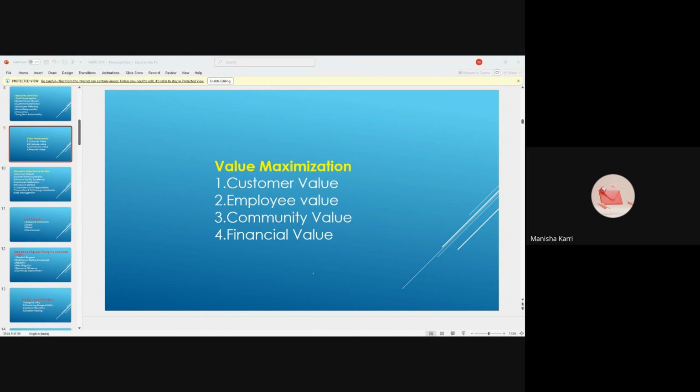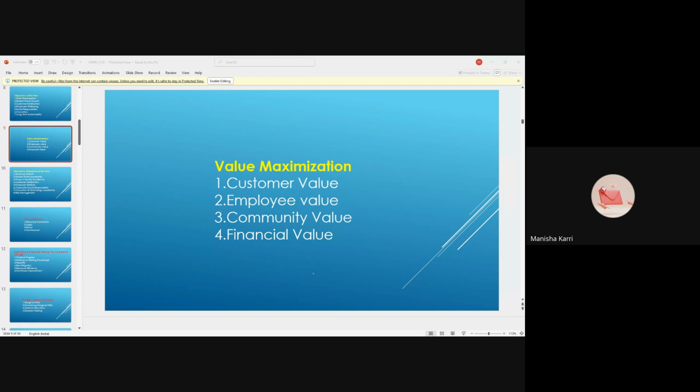They also provide excellent customer service, creating a positive experience for every customer, which is nothing but customer value. Here we are providing good and better services to the customer, which is how we are maximizing the value of our bakery.